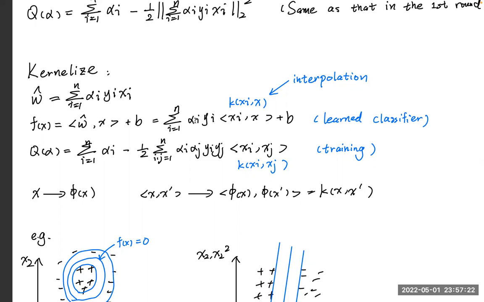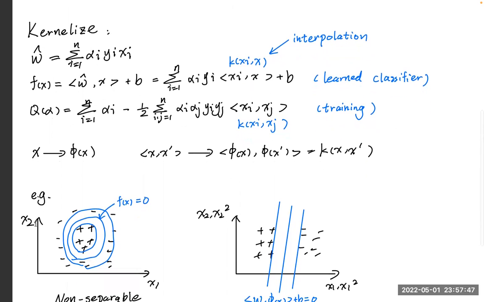Then you plug in this α_i here, and you get your classifier for any future query example or testing example x. So this f(x) is how you score an arbitrary x after you train a classifier, which means after you obtain this α_i. Then you see that in order to kernelize this SVM by moving from the original space to this feature space, you only need to know the inner product.